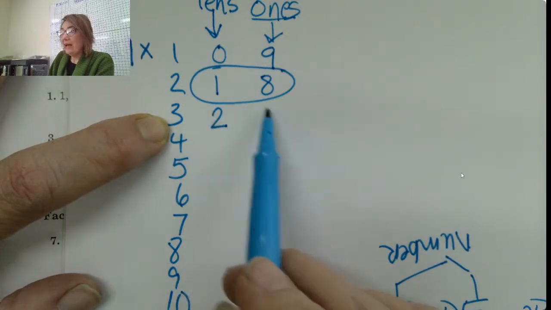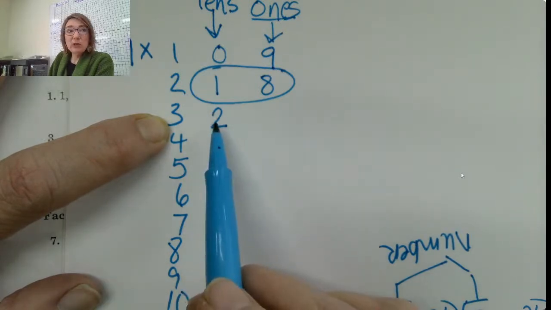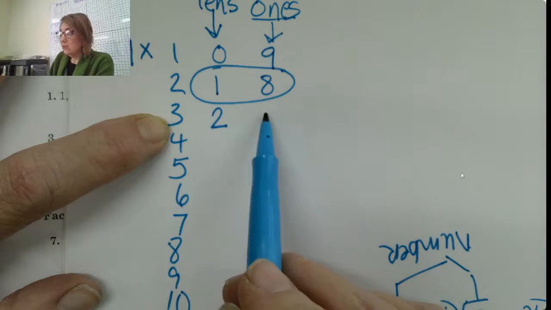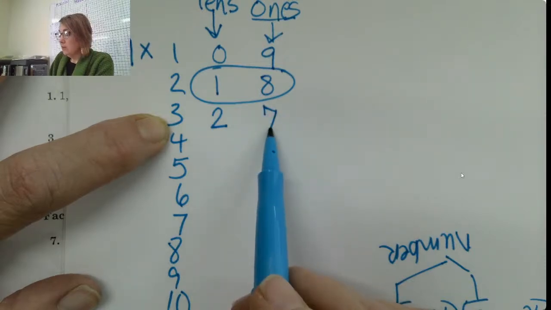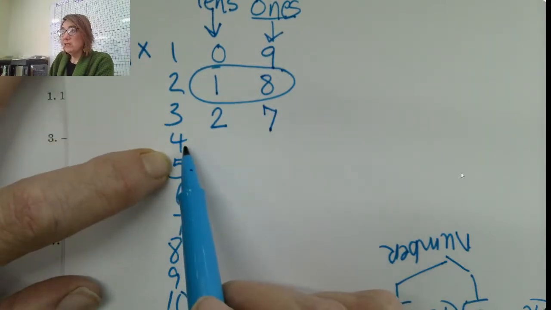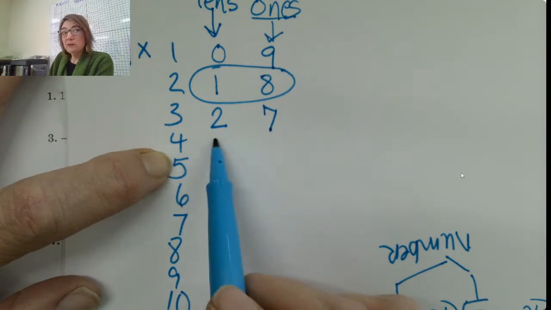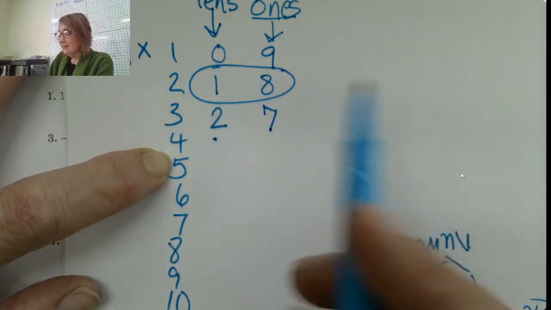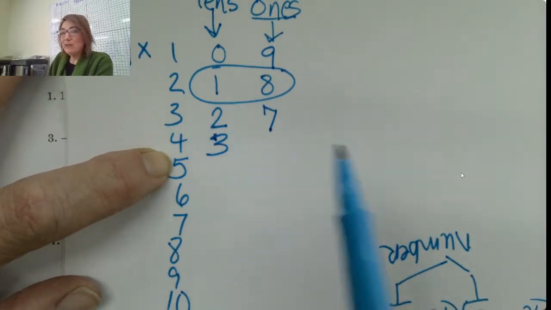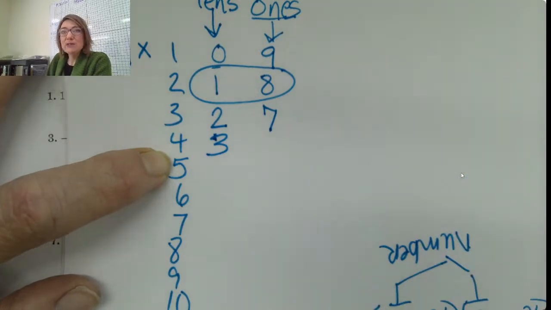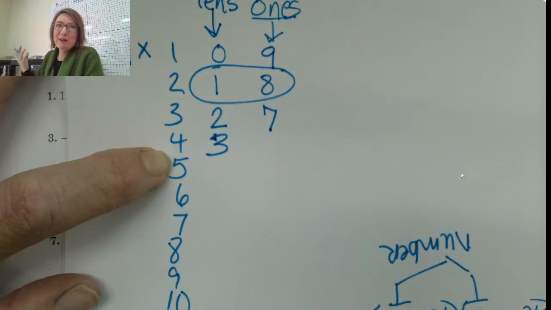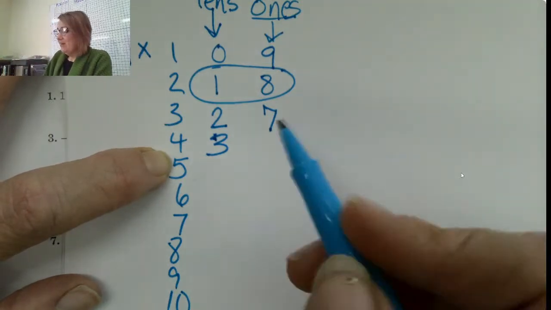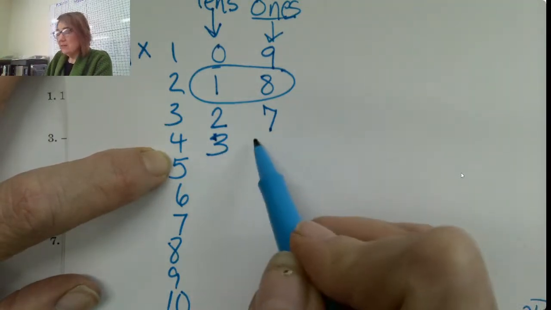Then these have to add up to 9. So we do 9 minus 2 and we get 7. So 9 minus 4, what is that? 9. I said 9 minus 4 and it's not what I meant. What is 4 minus 1? 3. I said 9 minus 4, you said 5 and I was like, what came out of my mouth and what came out of my brain were not the same thing. And then 9 minus 3 gives us 6.